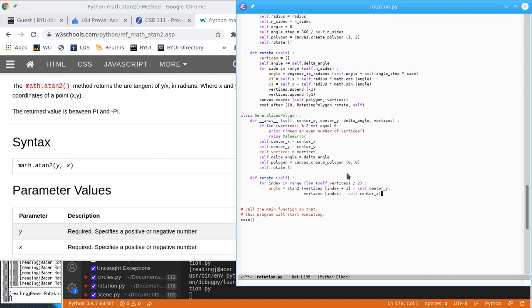So now, since that's in radians, I'm going to make this radians right here. Degrees to radians, delta angle. And so now we can add on plus self.delta angle, sorry.